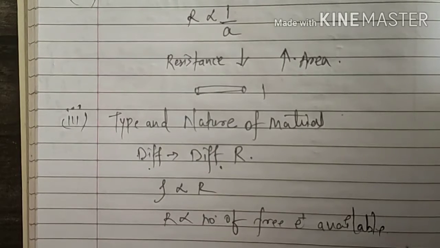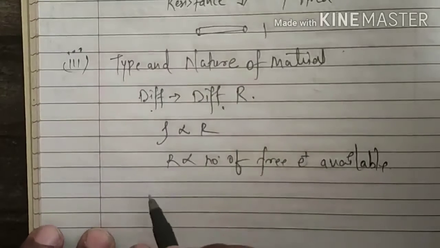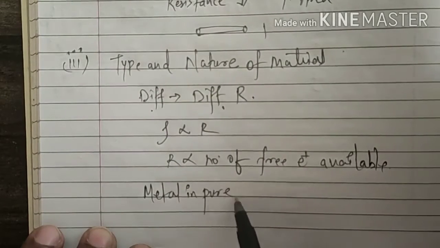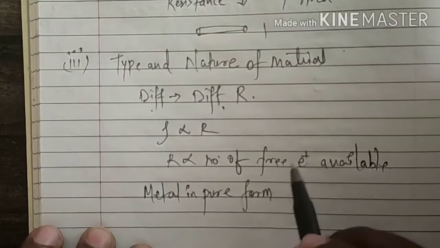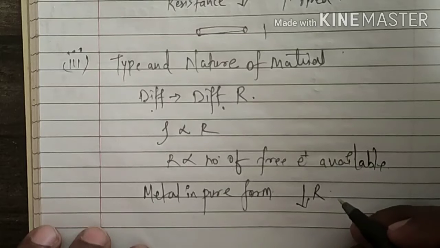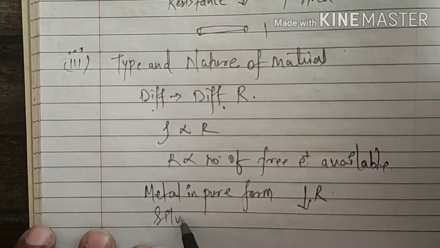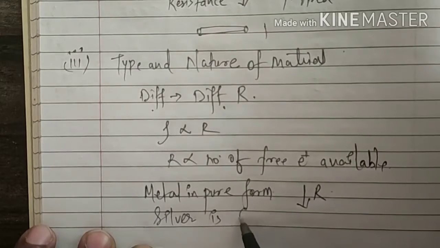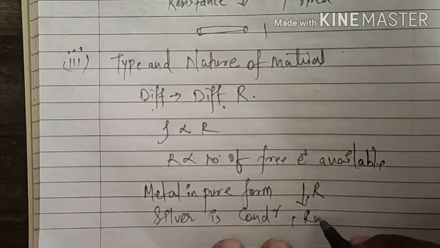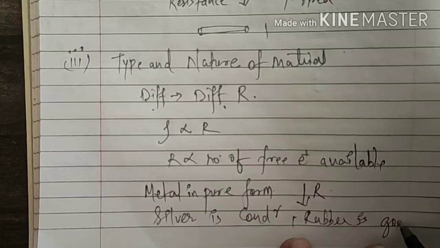Metals in their pure form have less resistance. So silver is a good conductor, whereas rubber is a good insulator.